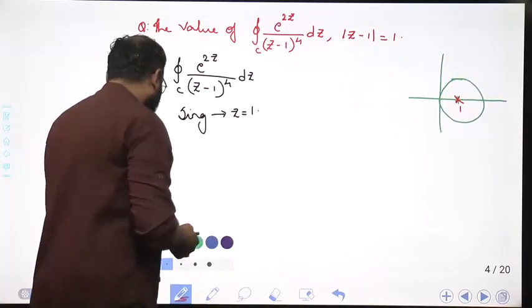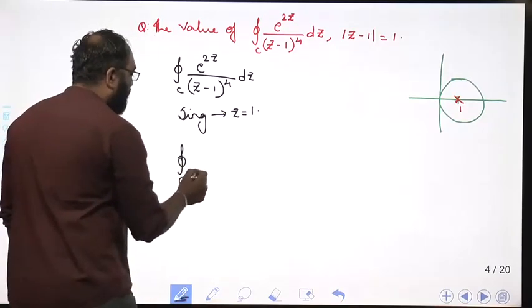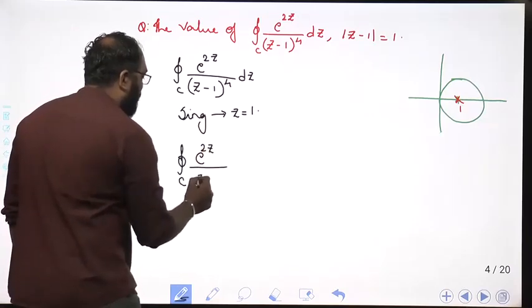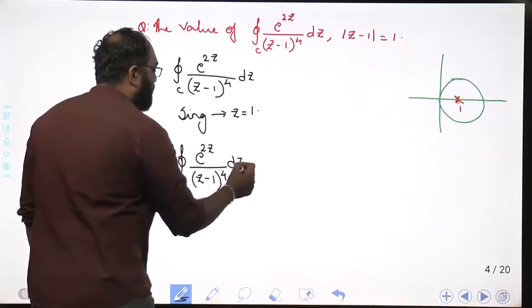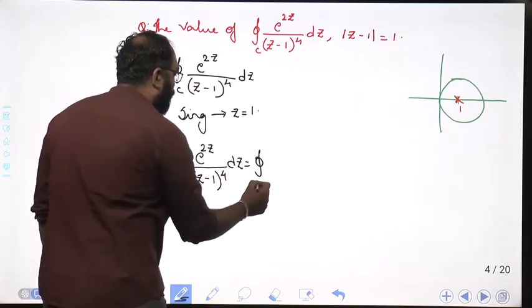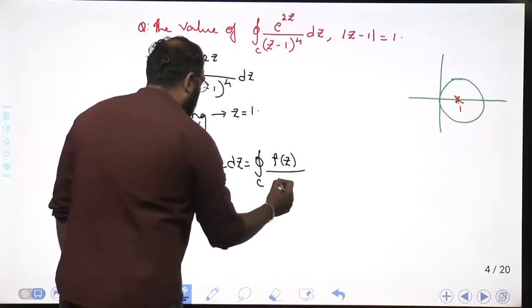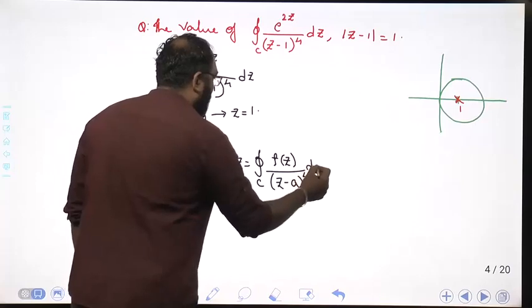So now as it is lying inside that circle, it is of which form? That is integral over c e to the power 2z by z minus 1 to the power 4 dz. It is same as integral over c f of z by z minus a whole to the power 4 dz, right?